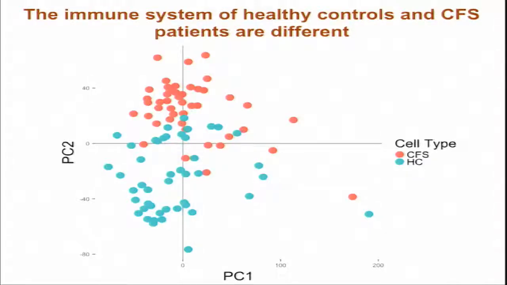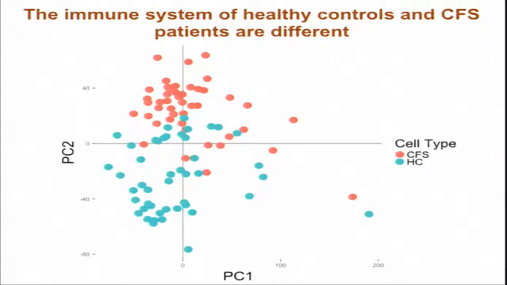Maybe you don't understand the statistics, but in red are T cells from a CFS patient, and in blue are T cells from a healthy control. You can see that there is a pretty clear difference between the CFS patient and the healthy control.